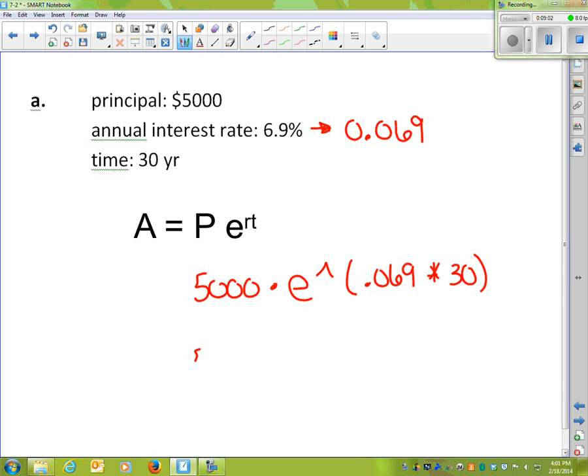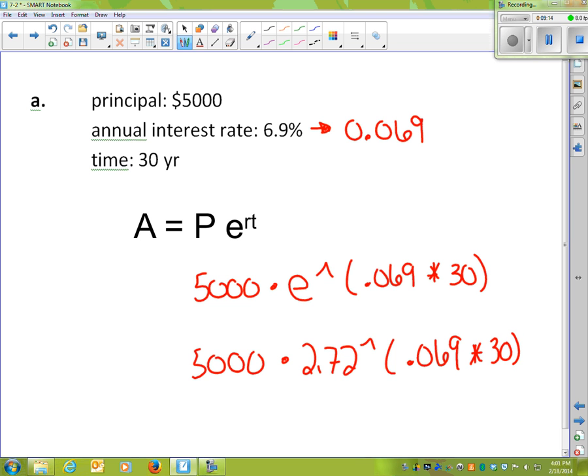Or again, you could use the 2.72. Just make sure that when you raise it to the power, the 0.069 times 30, they're both together in the parentheses. When I type it into the calculator, I got $39,624.12.